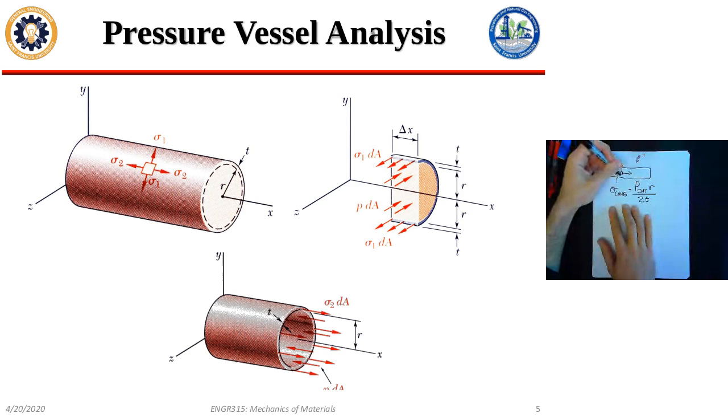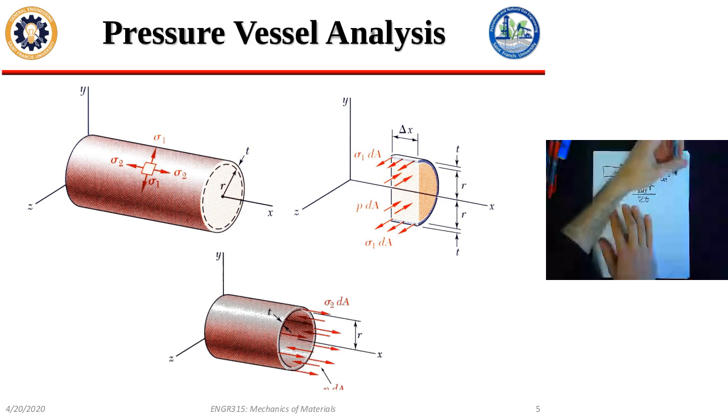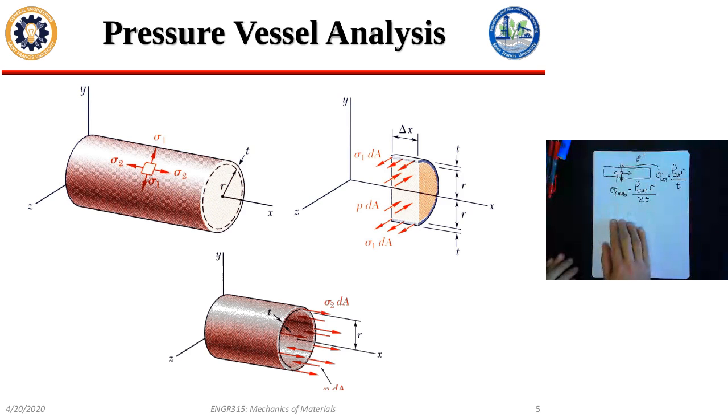I'll see a stress in the lateral direction, which seconds ago we said was P internal R over T. So those are our two sets of stresses on a stress cube.